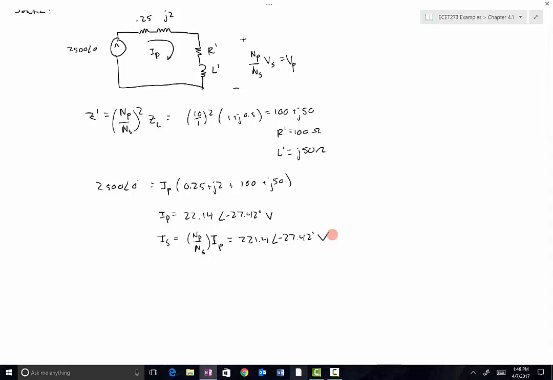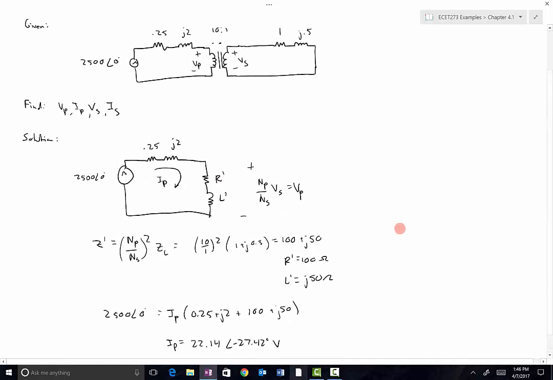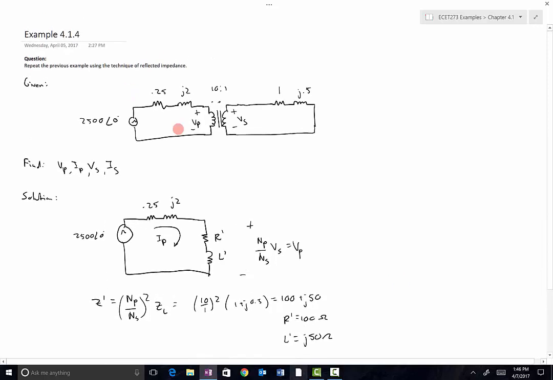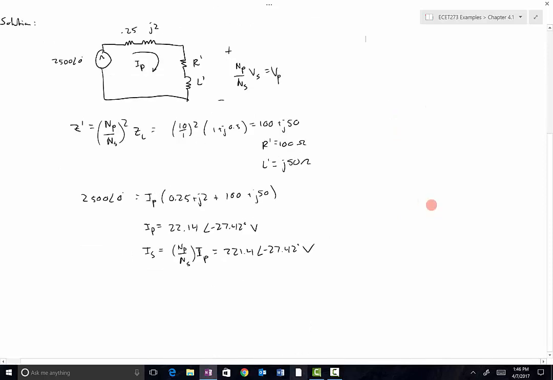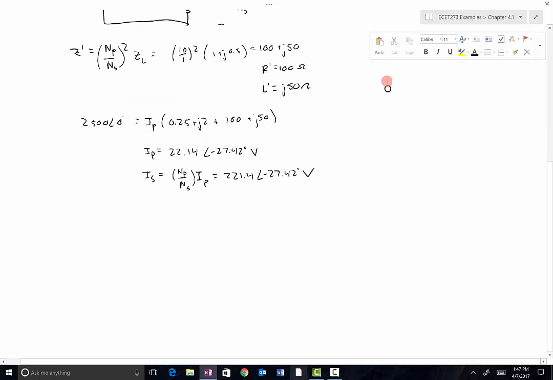We can determine the primary voltage just by multiplying IP times R prime, L prime. You could go back and solve the primary voltage as 2500 minus IP times 0.25 plus J2. Whatever you want to do to determine what VP is, there's a couple different methods. Any standard circuit analysis technique will work there.